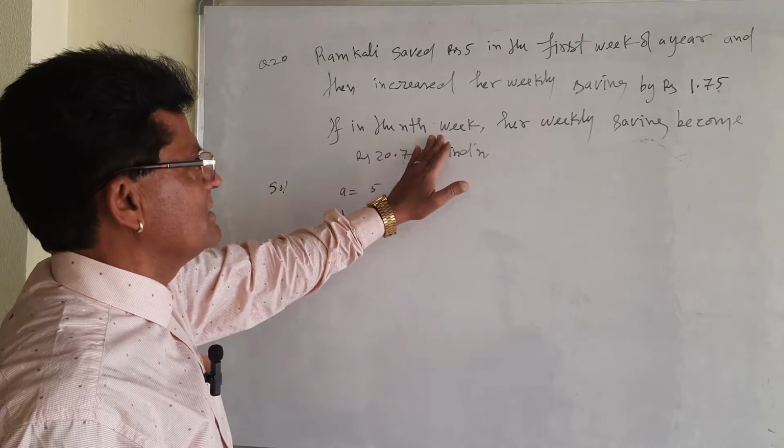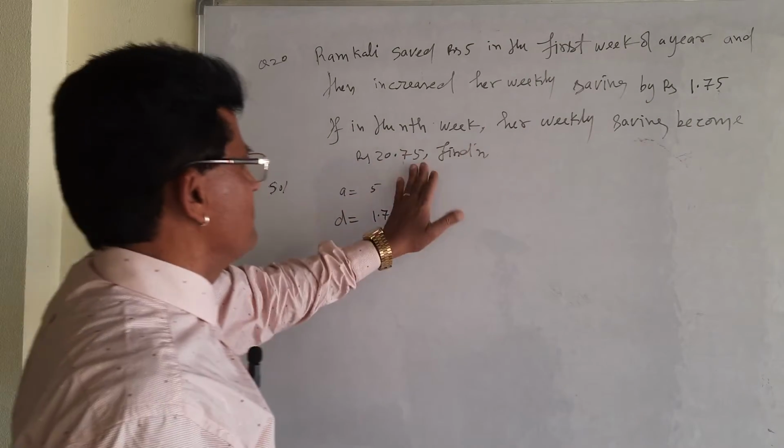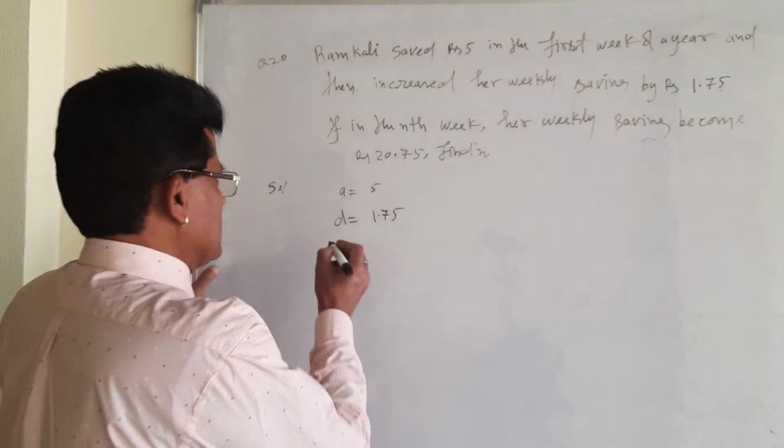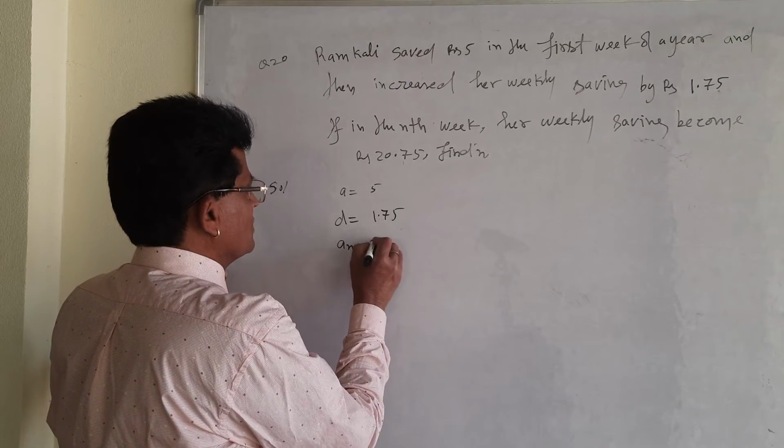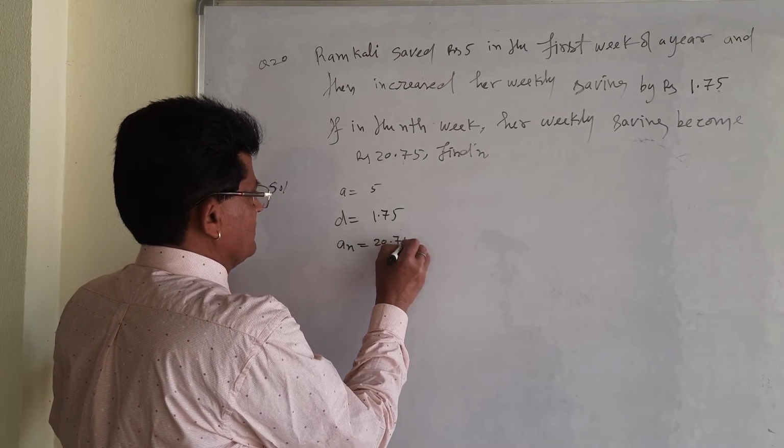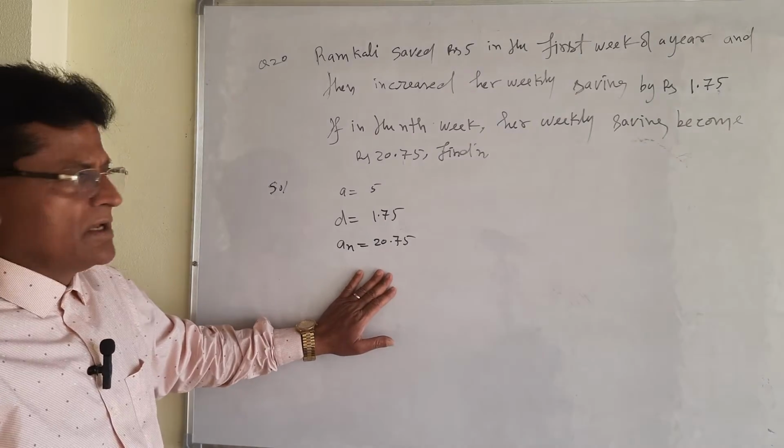But if in the nth week her weekly savings become, means an is equal to 20.75, that will be the total.